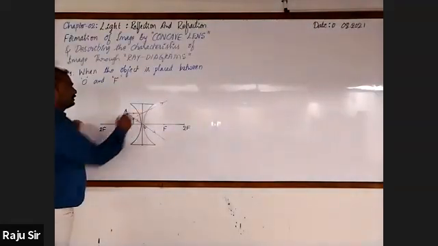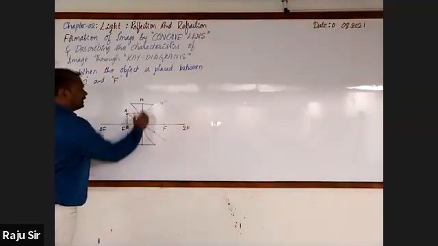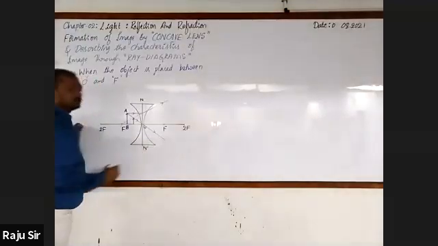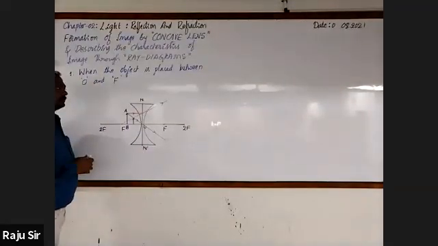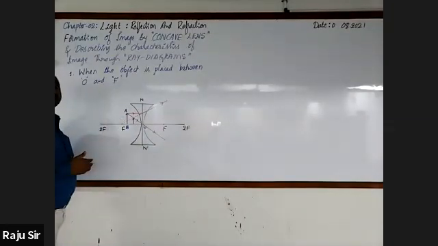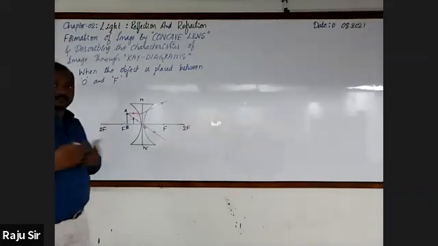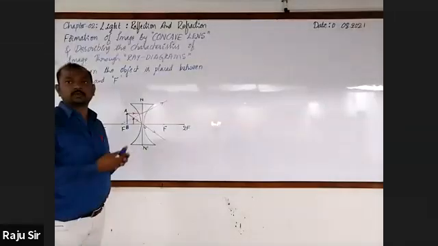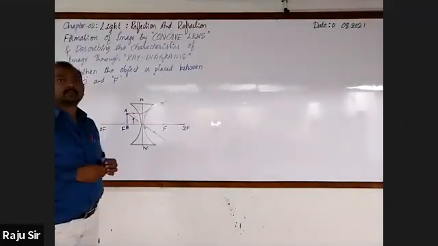Now you tell me, what does N dash indicate? Concave lens. Then what is the nature of the lens? Concave, divergent. We use the nature of the lens as types. Don't think that it is only for image.